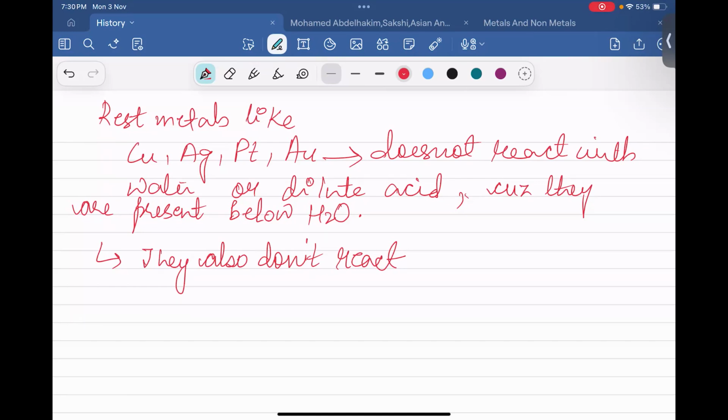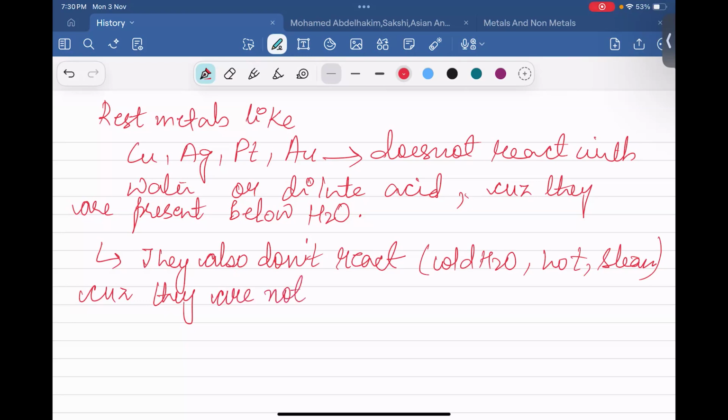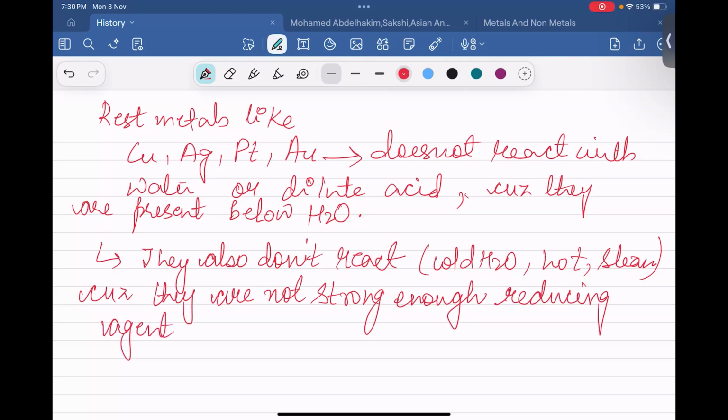No, they don't react with any of them, because they are not strong enough reducing agents to displace H2. Write it. From the next class, we will continue with the next topic.